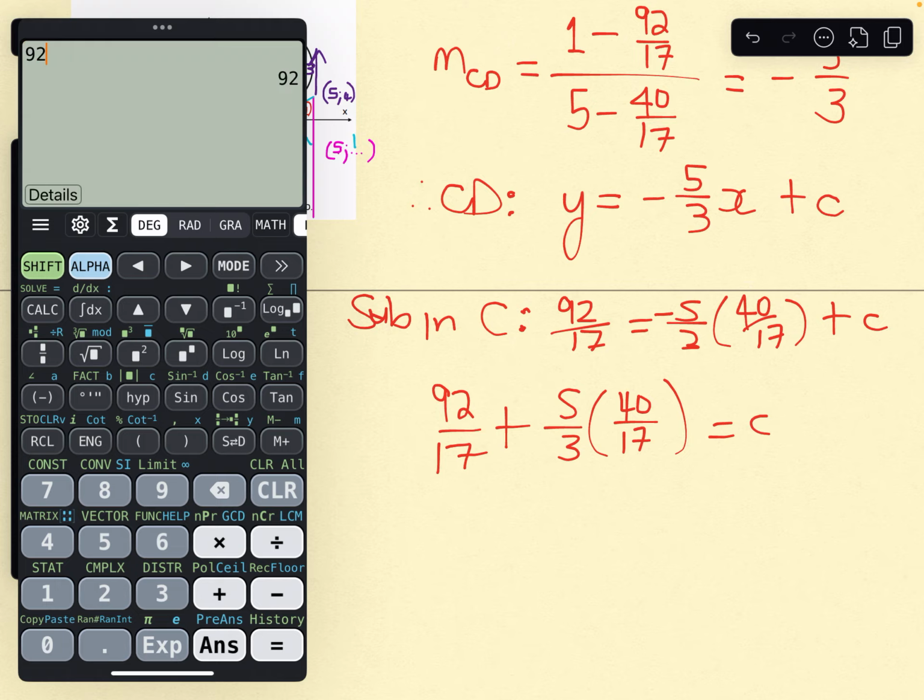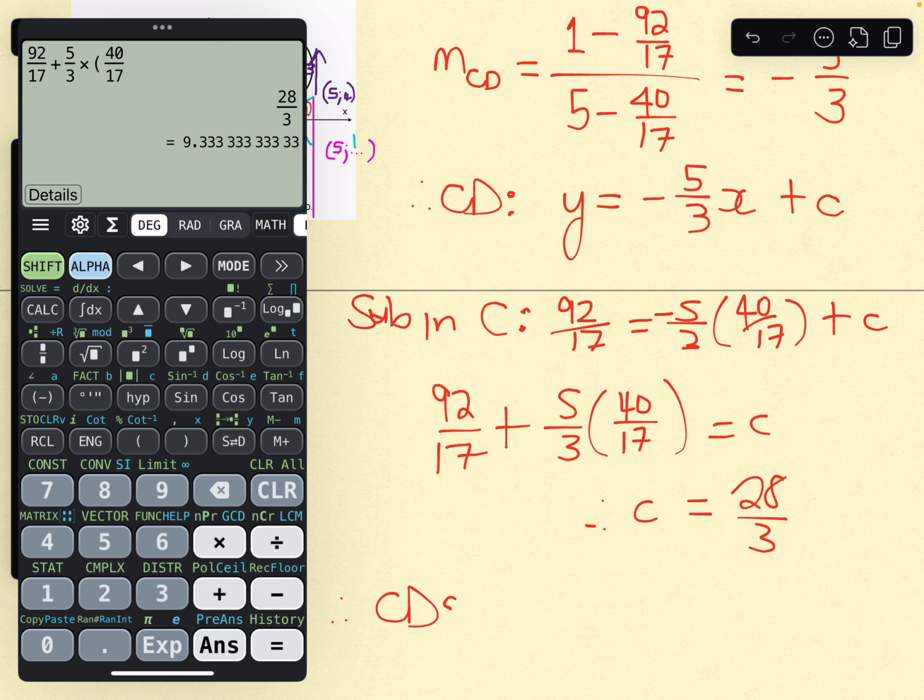So let's see what we get. So we get c is equal to 28 over 3. And so the equation of CD is y is equal to minus 5 over 3x plus 28 over 3, which is what we got before.